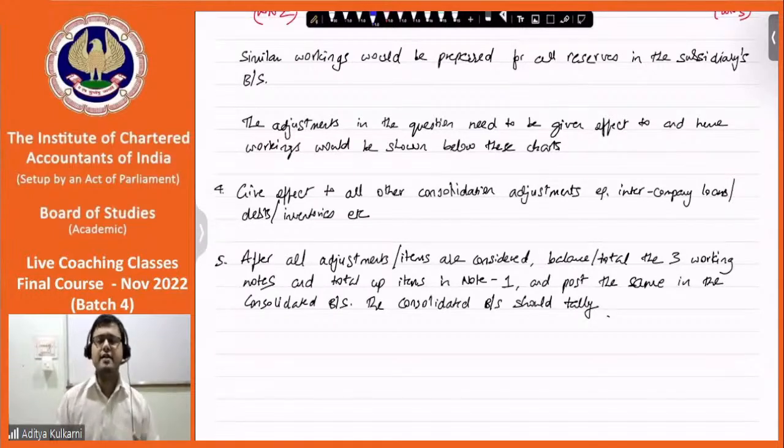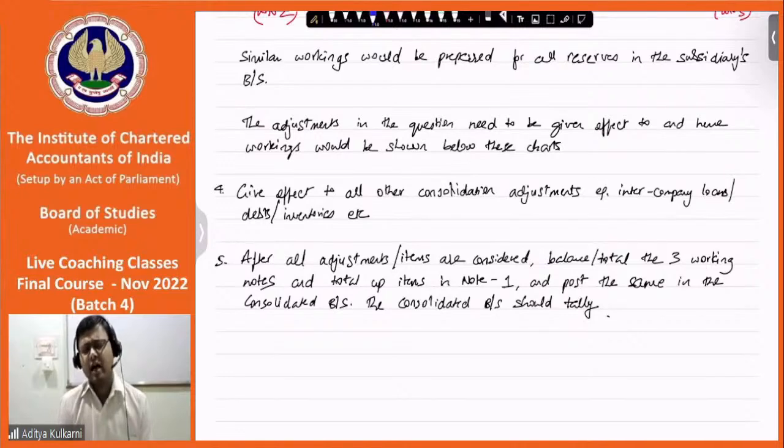The consolidated financial statements will give an overall picture of how the group as a whole is performing. And obviously, the owners of the parent would be interested in the financial position and the performance of the group. And depending on that, we have this particular standard on consolidated financial statements.